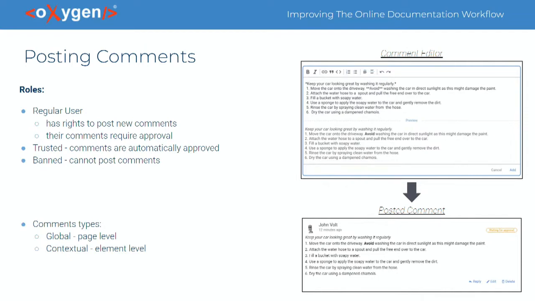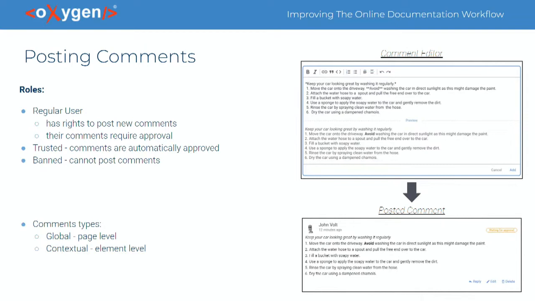This way, the comments of these users are automatically approved. They will not need the approval of a moderator. And also the admins can ban some users in order to disallow them to post comments on your website.